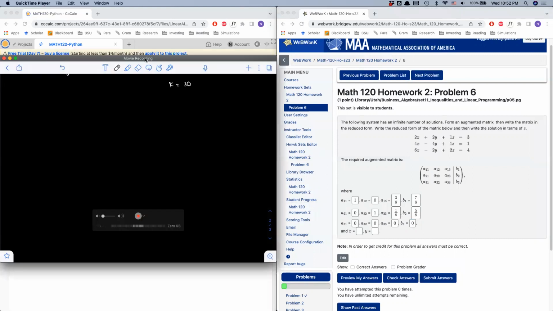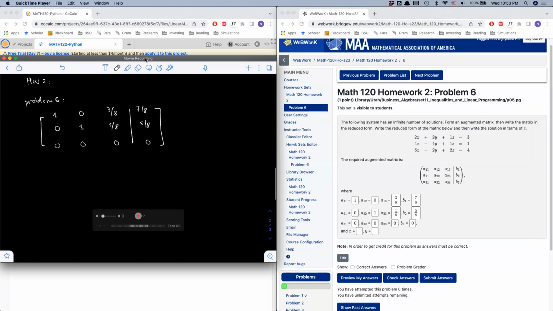So this is homework 2. This is problem 6. Right, so at this point, you have the augmented matrix or the reduced row echelon form of the form 1, 0, 3/8, and 7/8, 0, 1, 1/8, 5/8, and then the last row is 0, 0, 0.